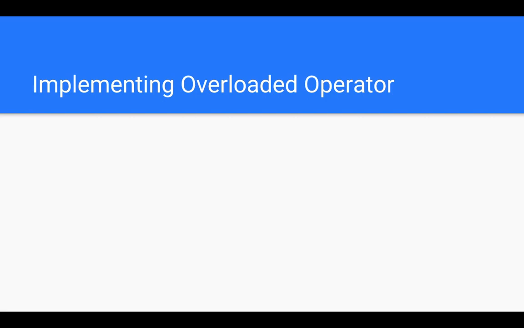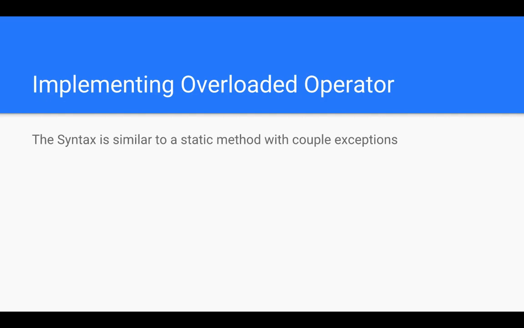So let's take an implementation of an overloaded operator. It's much similar to a static method with a couple of exceptions. What are those? One is the operator keyword, and the other is that we have to specify the operator itself.